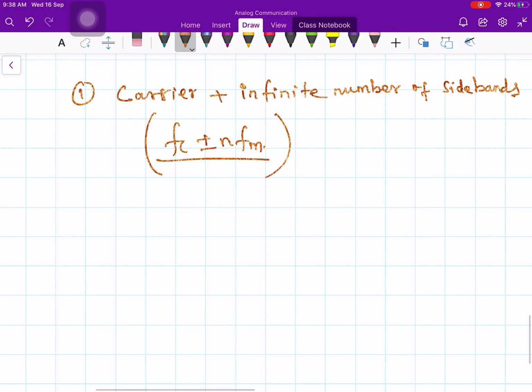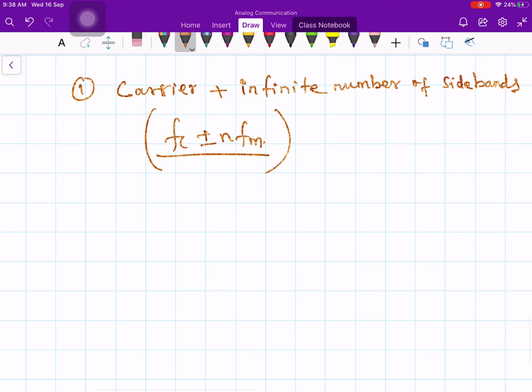Okay, this is the first property. Second, relative amplitude and number of significant spectral components are important. Okay, so the magnitude of the Bessel function or Bessel coefficient depends on the value of beta. Like we saw, for a small modulation index, the carrier has the largest component.